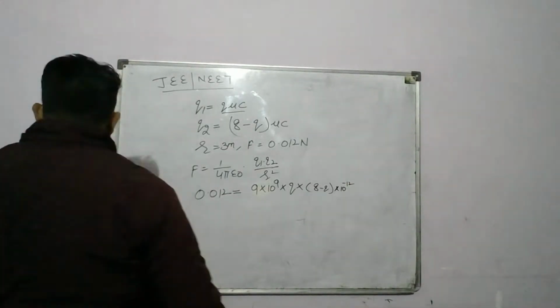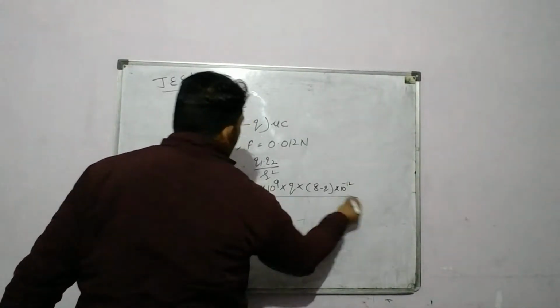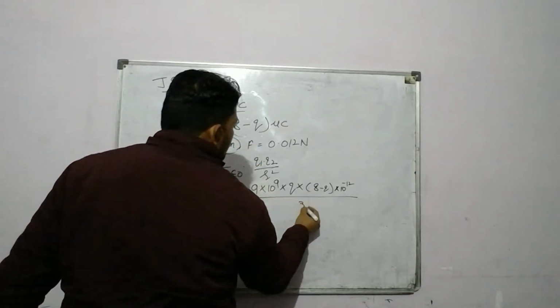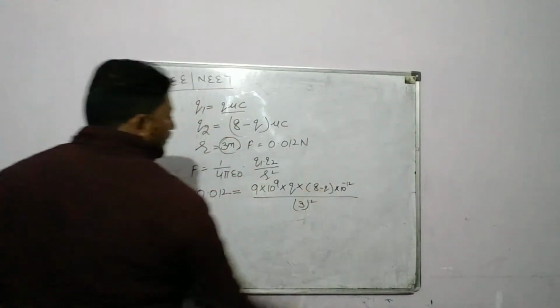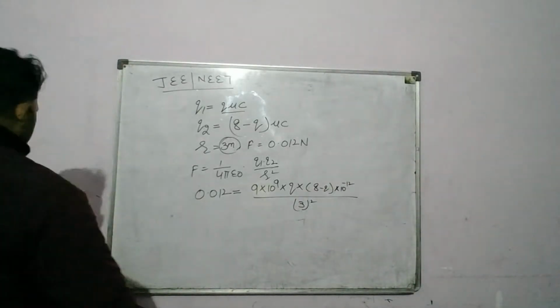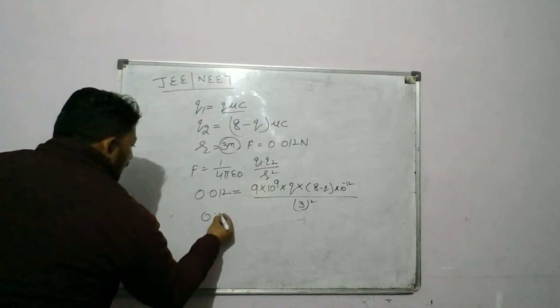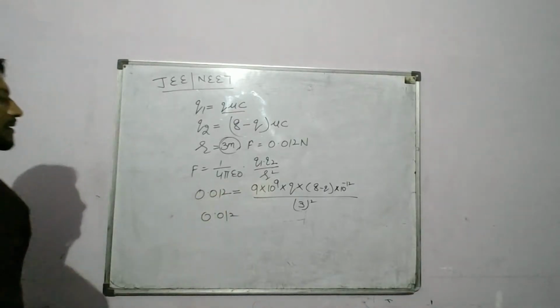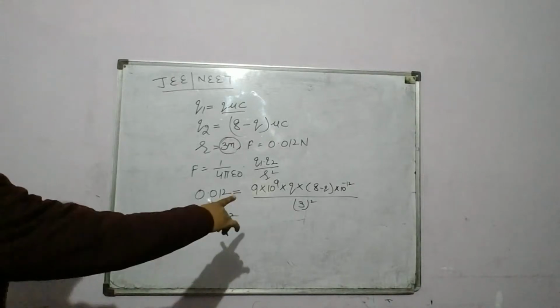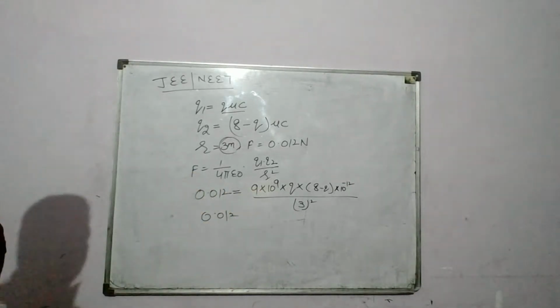So after that, the radius is given. r is given 3. So 3 whole square mean 9. So how to solve this? 0.012, this is the force given. So 9 and 3 square 9 is cancel out.